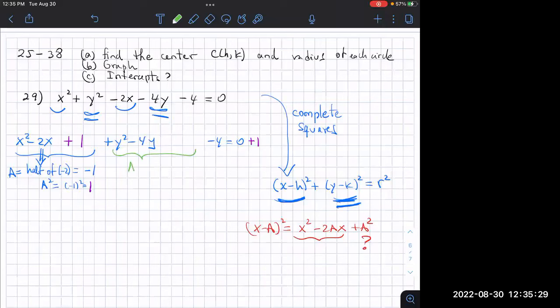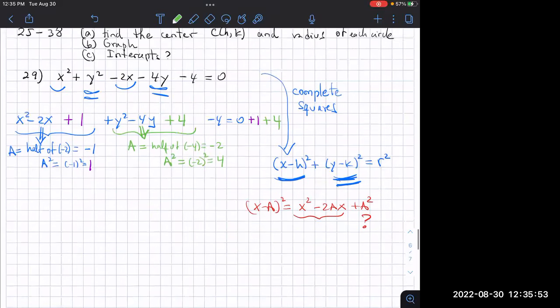So then the a for the y's will be half of negative 4, which is negative 2, and then what I add is a squared, which is 4. So I add 4 to the left and 4 to the right.